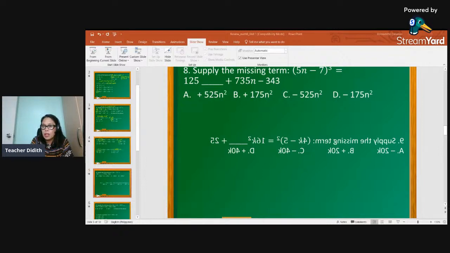So since this is negative, negative din ito. So it's either A or C is the answer for 9. And the correct answer should be letter C. Correct, no? Minus 40k. Kasi we have to double whatever the product of the first and the last term. Okay.